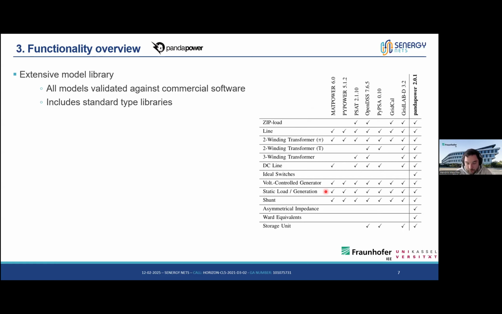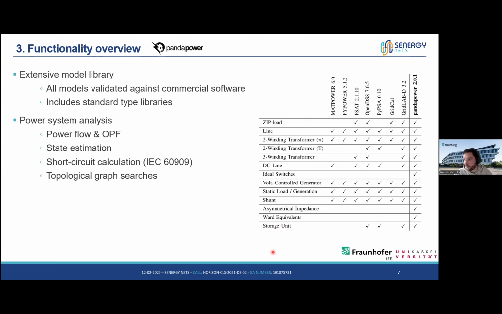There are specific standard types already given in Pandapower. For the lines, you only need to define the cross section and a specific material, and then you have specific standard types. For the transformer, you just need the rating or the power of the transformer. And of course, all our elements are validated also against commercial software. We always validate our calculation against other software here.